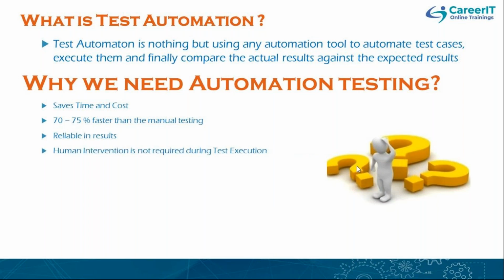And human intervention is not at all required during the execution, guys. Suppose I started my test automation execution, while the execution is going, I don't need to sit in front of the machine and watch it. I can just leave my machine. Generally, the test cases get executed on some remote machines, then I can leave that machine and work on something else.